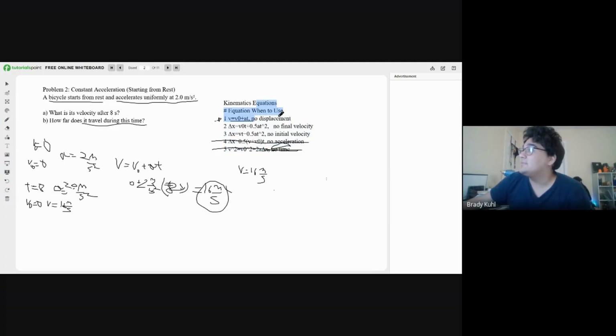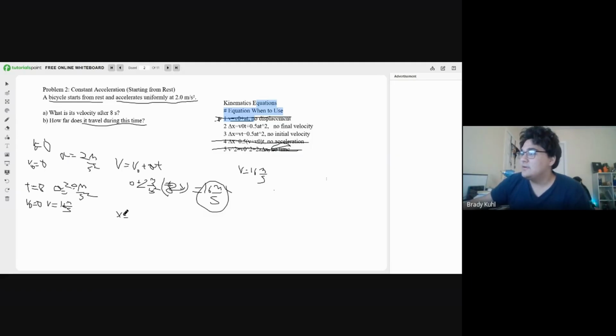We're trying to find the displacement, but we already used this one. So now we're left with two. Either no final velocity or no initial velocity. Technically, we have no initial velocity or no final velocity, but let's use both of them to prove that they both would work.